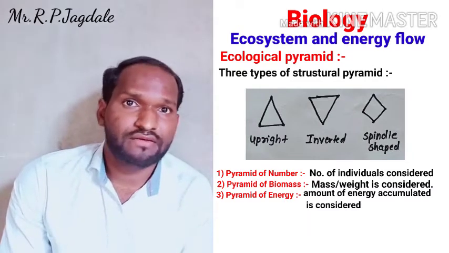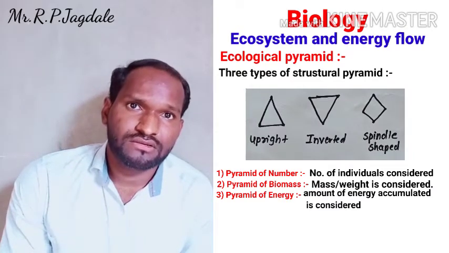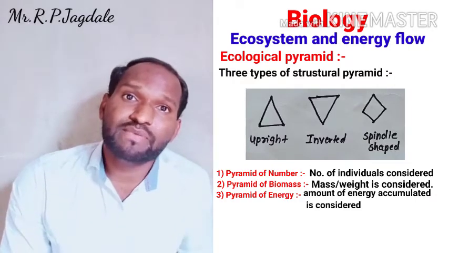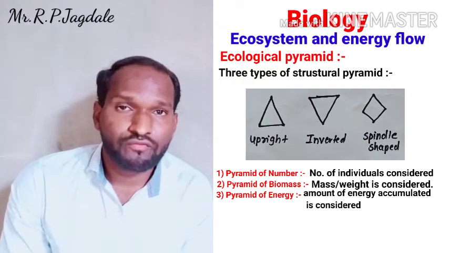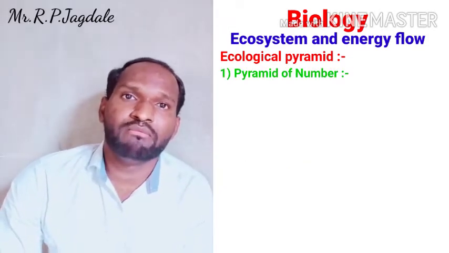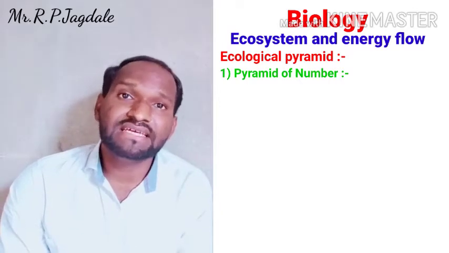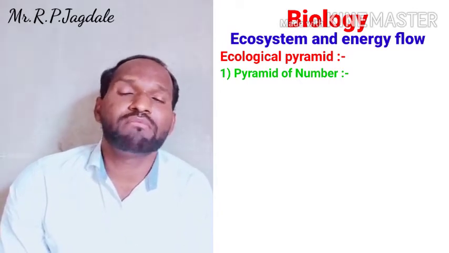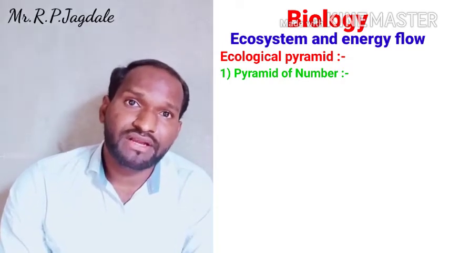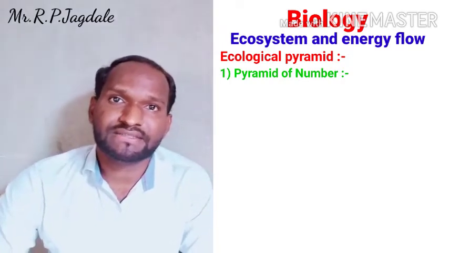We will see each and every pyramid with some examples of the ecosystem. So first we will see the pyramid of number. As I said earlier, the pyramid of number is where the number of individuals is considered.